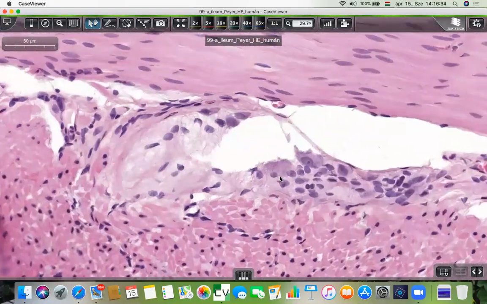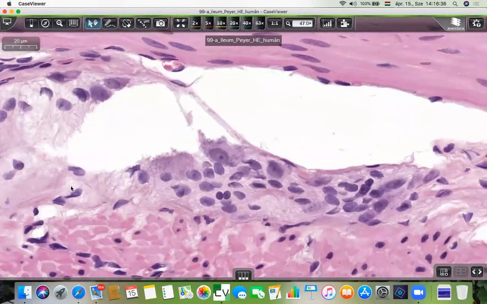So here we look at that. That is a whole structure. This is a myenteric plexus. It's much bigger than the Meissner's plexus because it innervates the muscle layers of the muscularis externa. So we can find parasympathetic ganglionic cells.